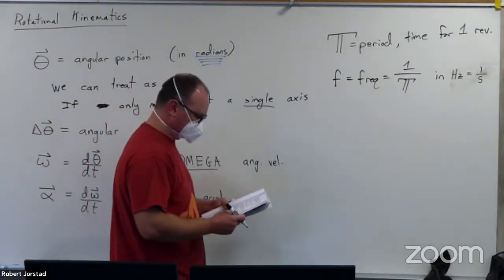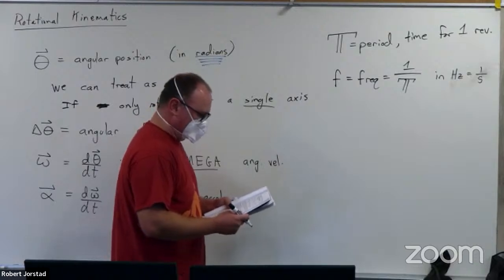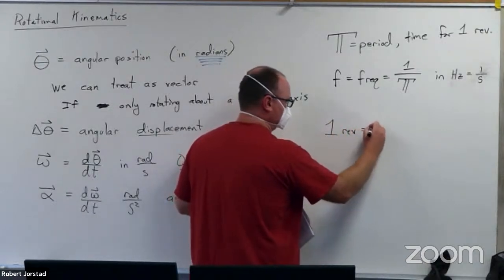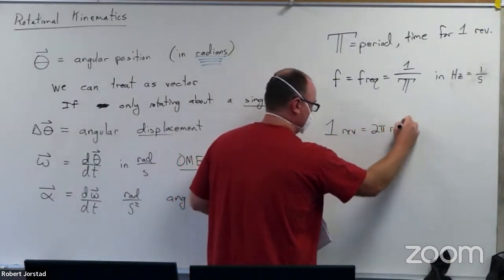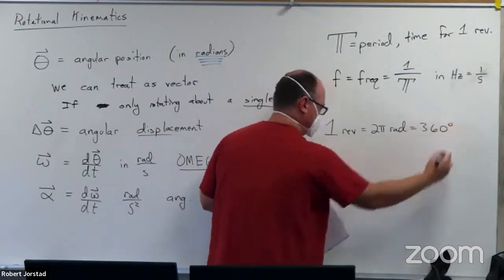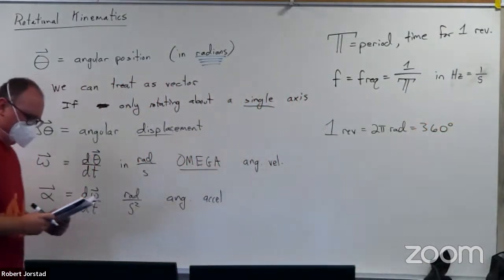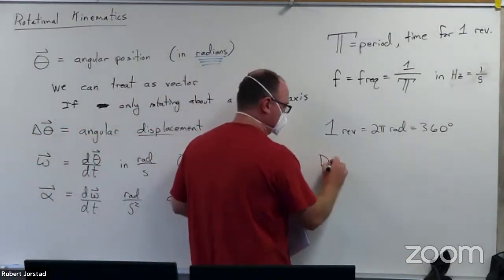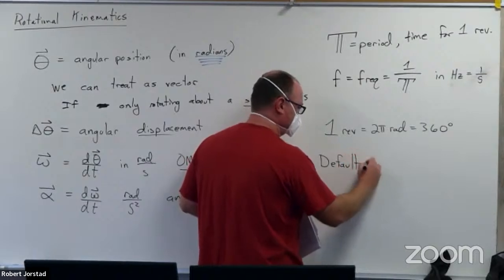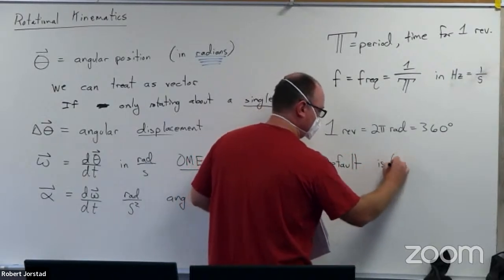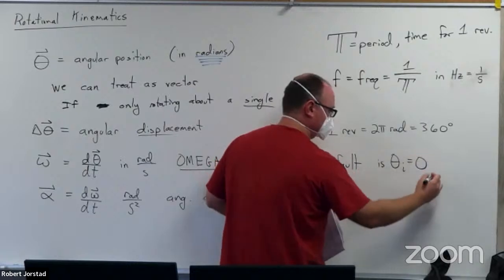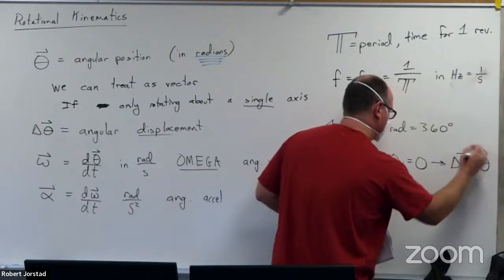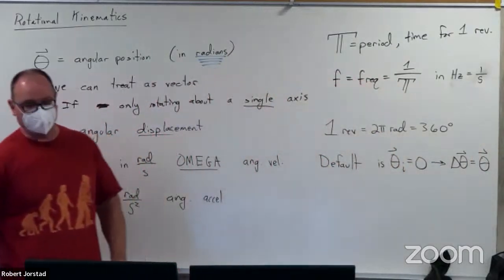And then I should clarify here: 1 revolution is 2 pi radians equals 360 degrees. Those are some useful things. One of the subtle things, the default, unless you're told otherwise, is we usually set theta initial to 0.